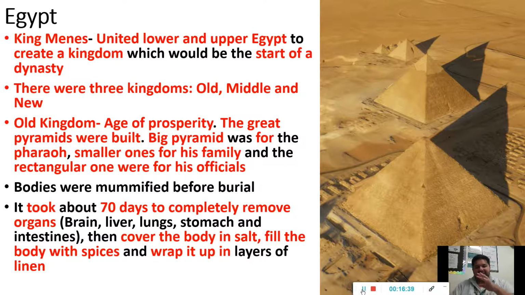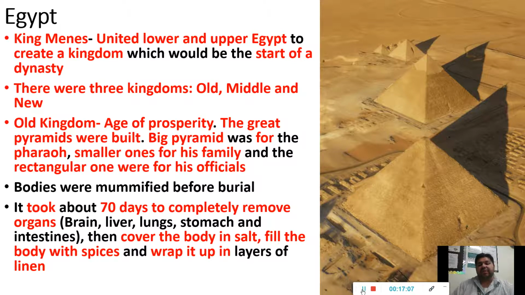Then they would put the organs in these little containers. If you've ever seen the movie The Mummy with Brendan Fraser, that's basically it. They put the brain, liver, lungs, stomach, and intestines in there. Like I said, it took about 70 days to take all that out and clean it up.